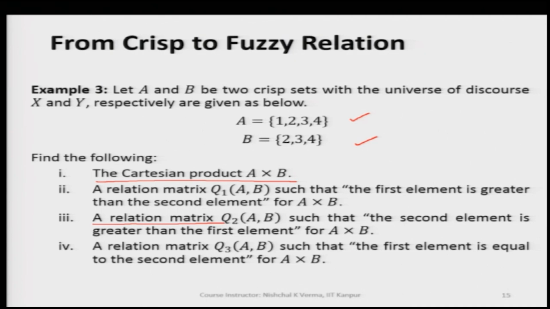In the fourth case, we are supposed to find Q3 A B such that the first element is equal to the second element for A cross B. Let us now quickly move ahead and first find the Cartesian product of set A and set B. Here both sets are crisp sets.